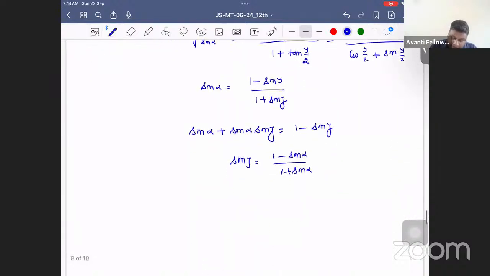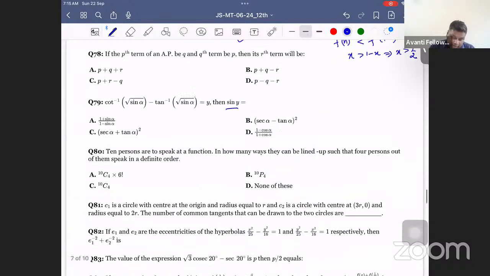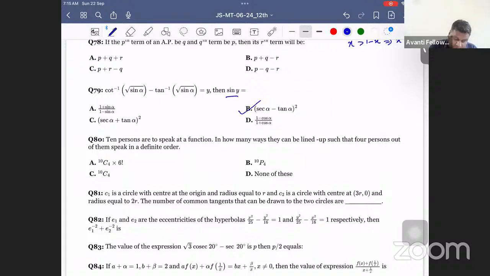So if I multiply and divide by 1 minus sine alpha upon 1 minus sine alpha, it will be 1 minus sine alpha upon cos alpha, whole square. That is sec alpha minus tan alpha, whole square. Got it?